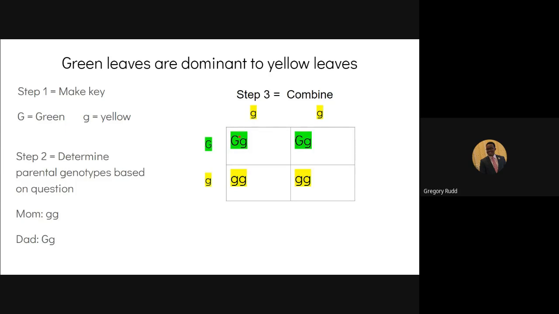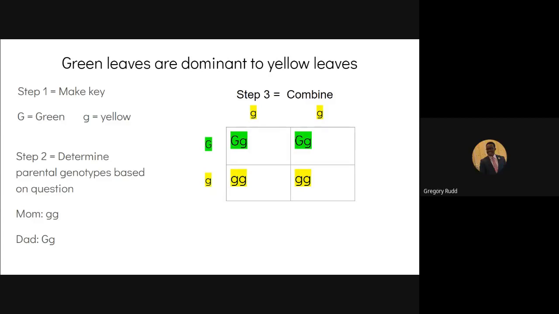Just by looking at the Punnett square, before we even see what a potential question might be, what are the chances of an offspring between these two parents being green? 50%. Excellent.